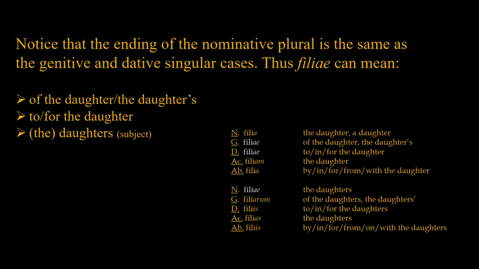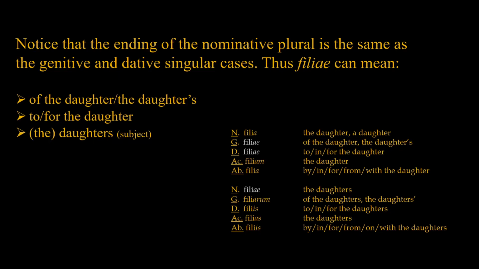So as we just said, notice that the genitive and the dative singular and the nominative plural have the same ending. So if we see filiae, F-I-L-I-A-E, then it could mean possession in the singular, so the house of the daughter, or the daughter's house, daughter there being in the genitive. It could mean to or for the daughter: give the book to the daughter.